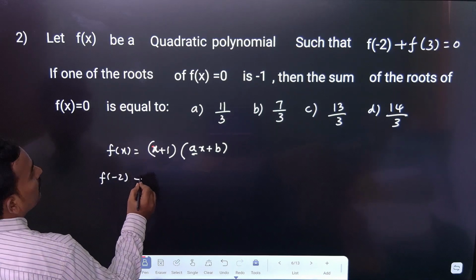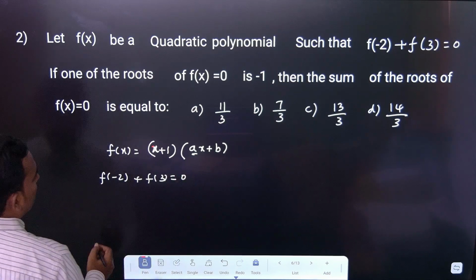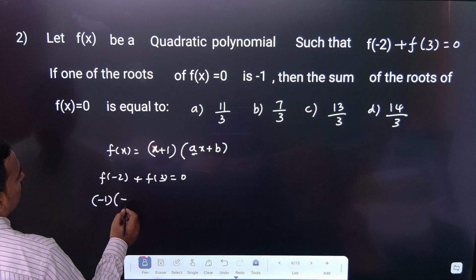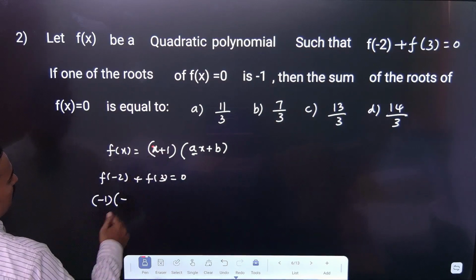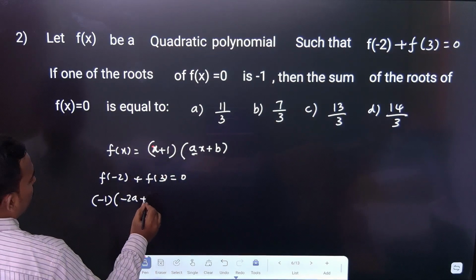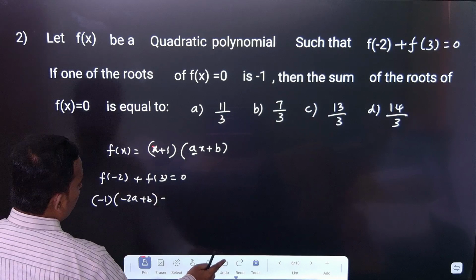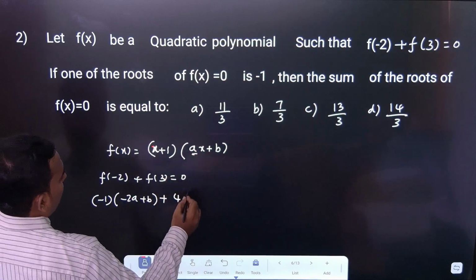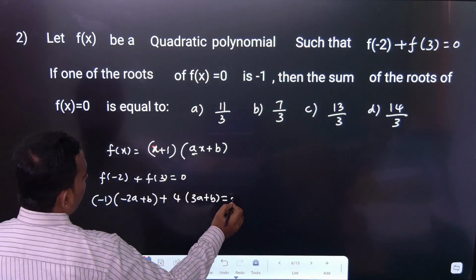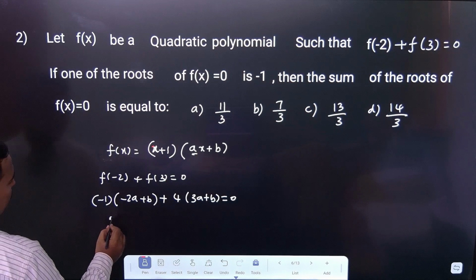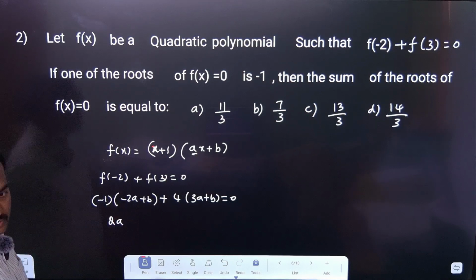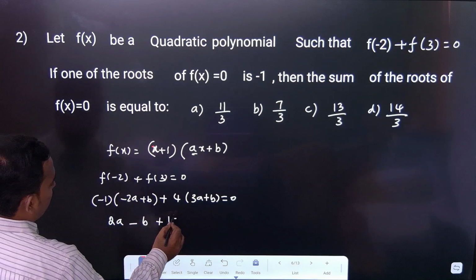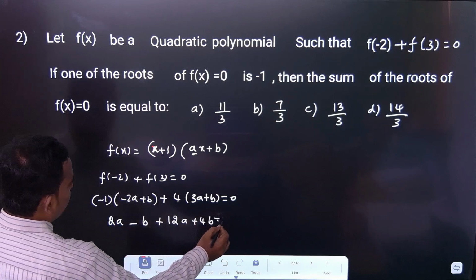f of minus 2 plus f of 3 is equal to 0 is given. So just substitute minus 2 plus 1, minus 1, into minus 2a plus b, sorry, plus f of 3: you can substitute, 3 plus 1 is 4, 3a plus b is equal to 0. You can simplify this as 2a minus into minus plus, so minus b, plus 12a plus 4b is equal to 0.